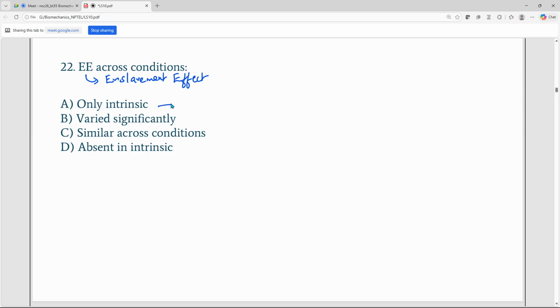Option A, EE was only present in tasks including intrinsic muscles. Option B, EE varied across different muscle groups. Option C, EE had similar amplitude across different experimental conditions involving different muscle groups. Option D, EE was absent when intrinsic muscles were primarily used. Read intrinsic as intrinsic muscles.